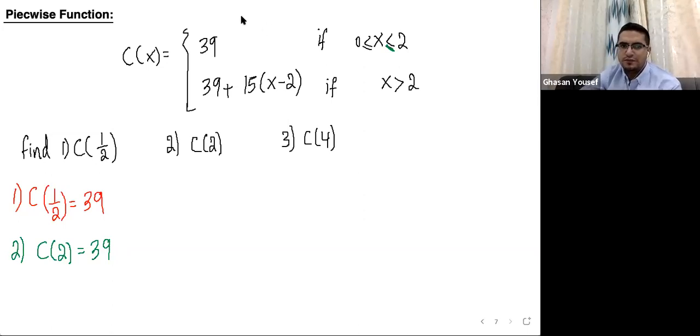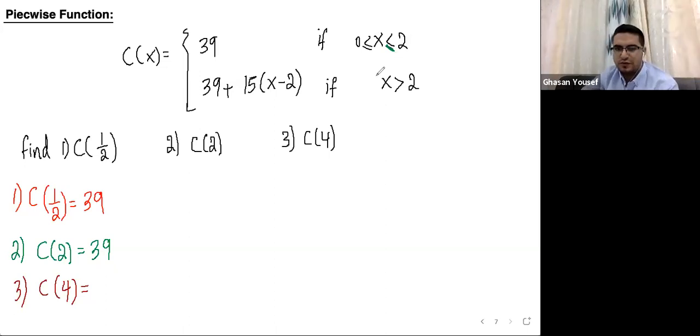For the third one, c of 4. The 4 is in the first interval or in the second interval? Amar said it's in the second interval. Yes, the 4 is greater than 2. It's not between 0 and 2.